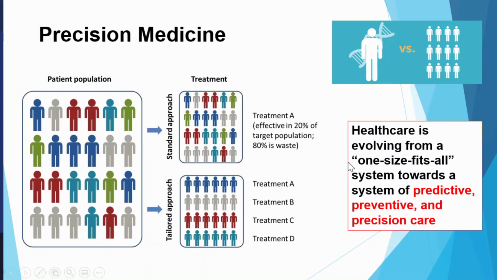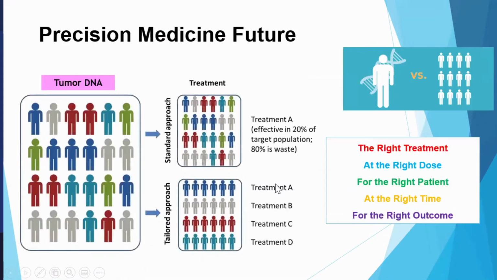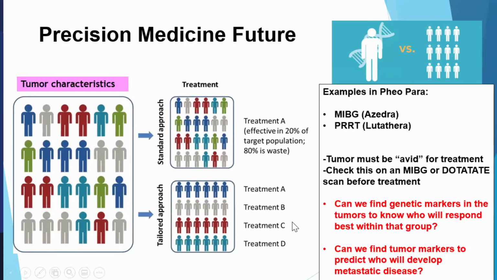So it's moving from a one-size-fits-all system to a system of predictive, preventative, and precision care. In the Pheo Para realm, there are a couple of ways we can do that. We can look at the tumor DNA, like I talked about, not the inherited genetics but the tumor-specific genetics. Depending on the mutations in the tumors, we may be able to offer different treatments to be more effective for that particular tumor.